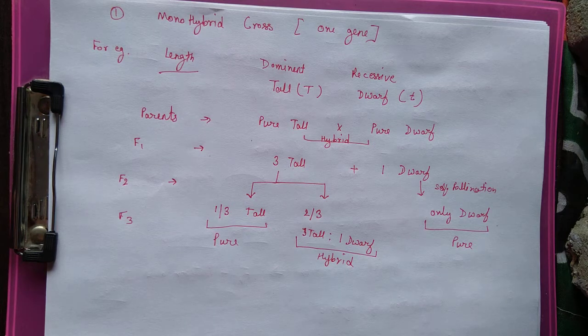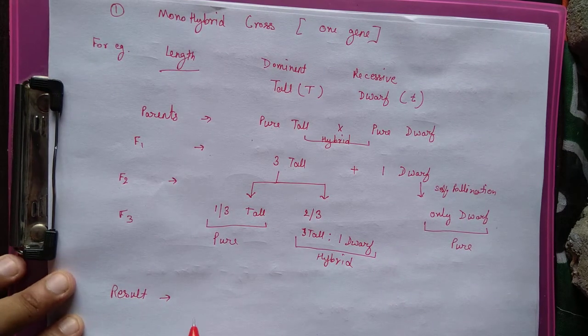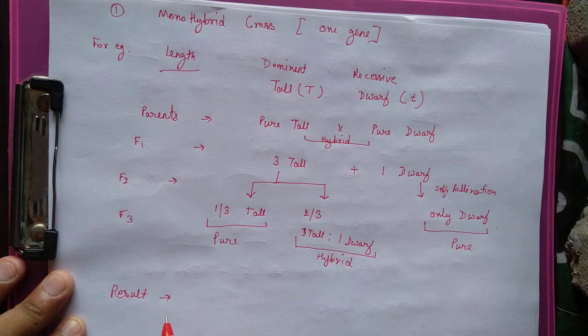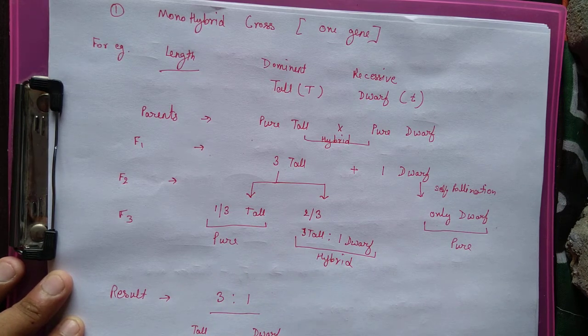So Mendel performed these experiments on all the remaining 6 characters, and found the final result in the F2 generation is 3:1, means the phenotype ratio is 3:1, that results in 3 tall and 1 dwarf according to this experiment.